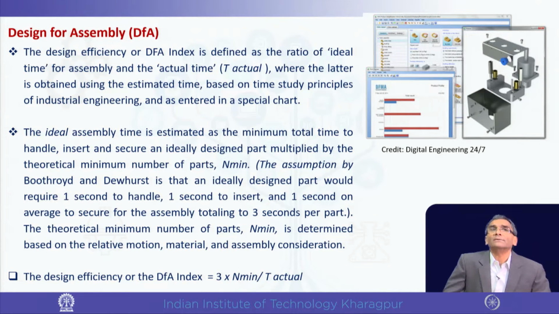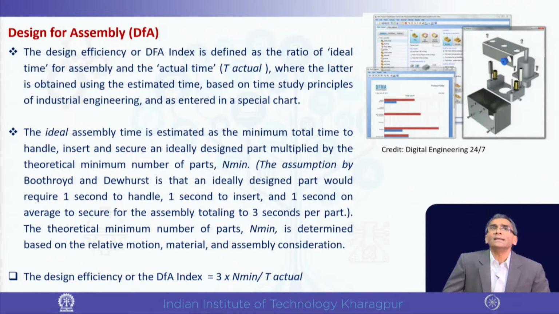Okay, we will come to that, but before that, what is the time per assembly? Here one very popular assumption made by Boothroyd and Dewhurst, they contended that a 3 seconds time is to be considered for each to be minimal.